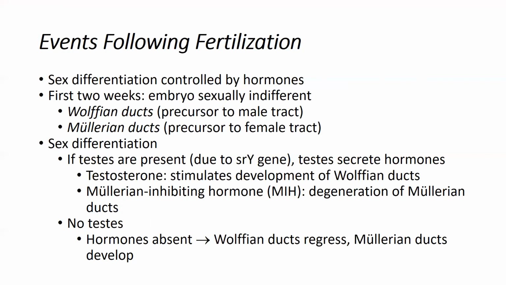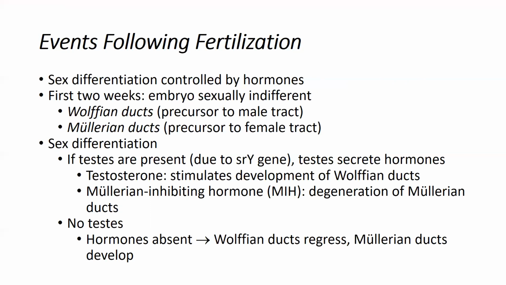If you're becoming a male, you would also like the female precursor structures to regress. And that's what happens with a normally developing male. The testes begin to secrete testosterone, which stimulates the development of the Wolffian ducts, as well as MIH, which stimulates the regression of the Mullerian ducts, which would otherwise become female structures.